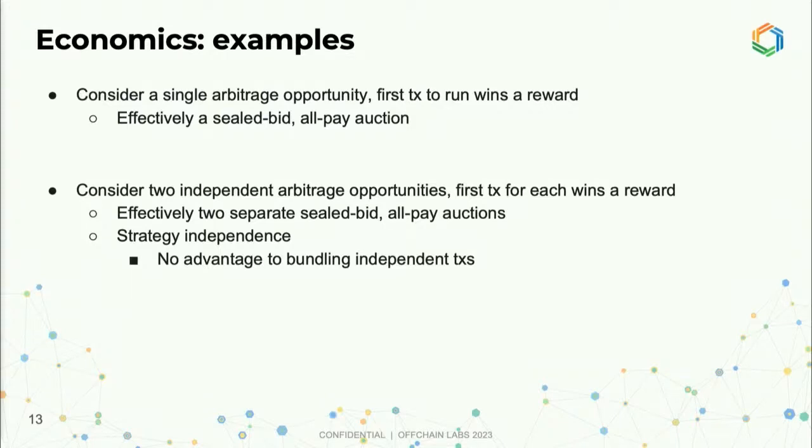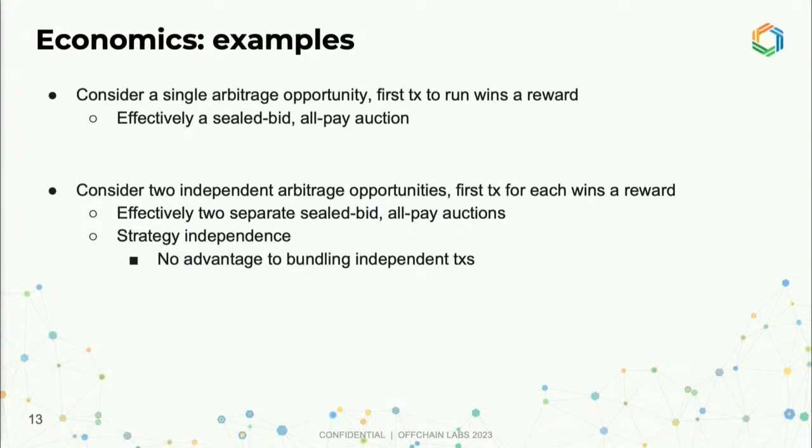And the answer is if we consider two independent arbitrage opportunities that are separate, and the first transaction that aims at opportunity A will get that one, and the first transaction that aims at opportunity B will get that one. Right? Now, this will effectively operate as two separate sealed bid all-pay auctions.